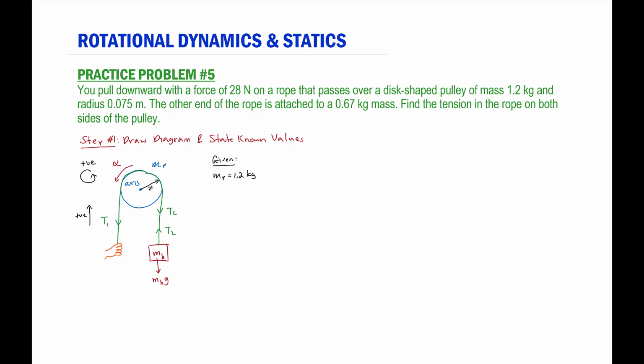We know the radius of the pulley is 0.075 meters. We know the hanging mass is 0.67 kilograms. We know that T1 is just the downward force that we're pulling the string with, which is 28 newtons. What else do we know? We know that g is equal to 9.8 meters per second squared.